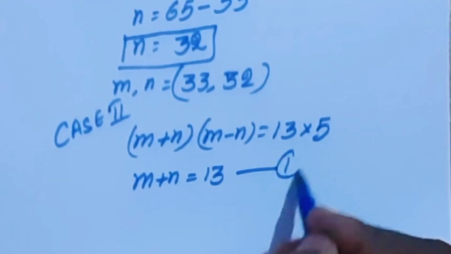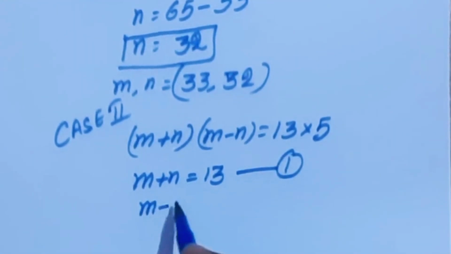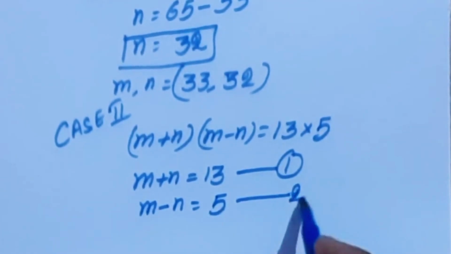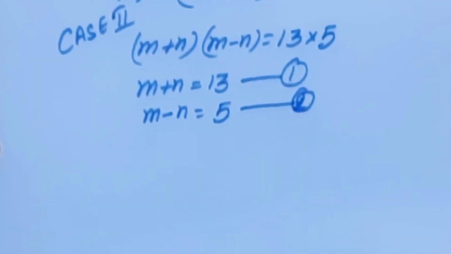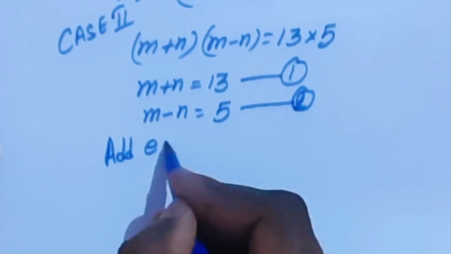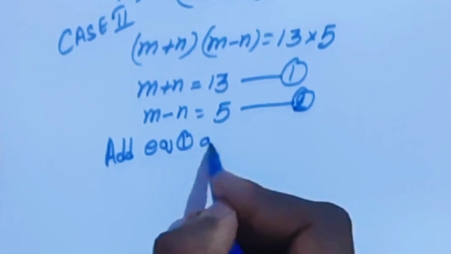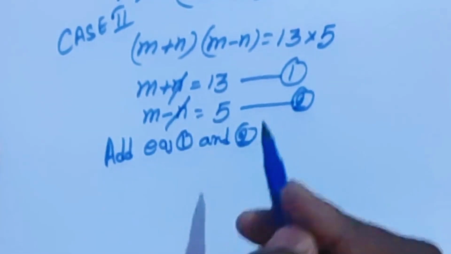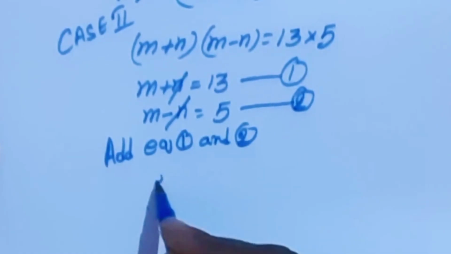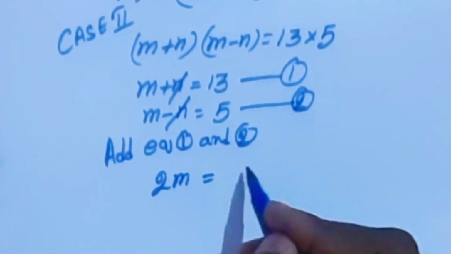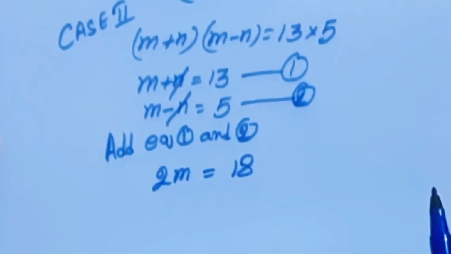This is equation 1. m minus n equal to 5. This is equation 2. Here we are going to add equation 1 and 2. This cancels this, so 2m equal to, this is 18.